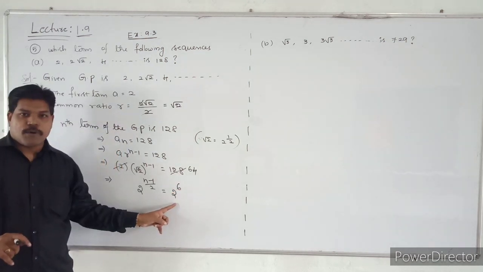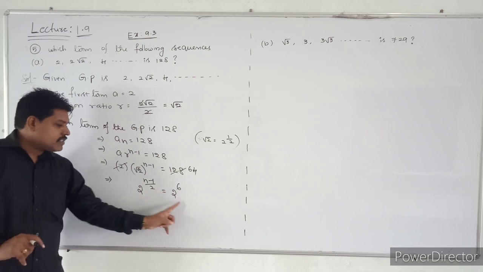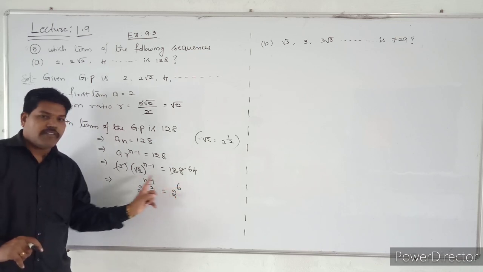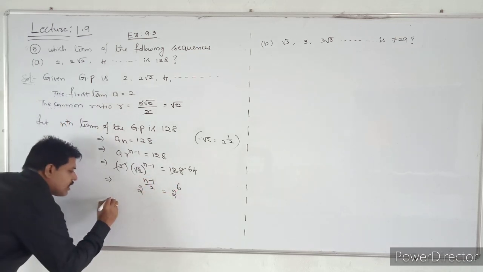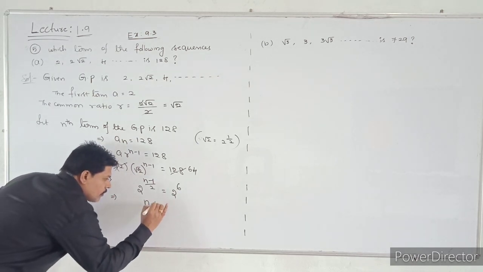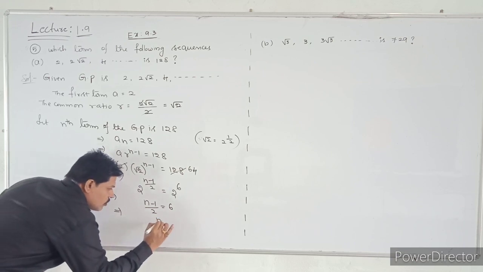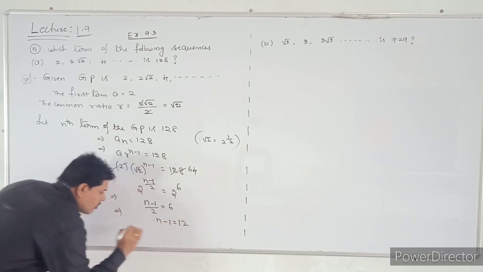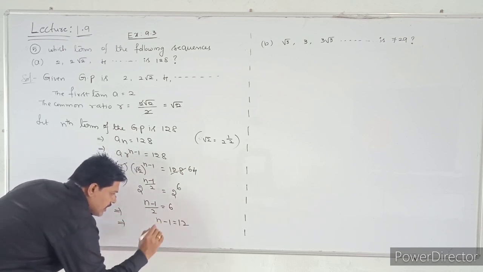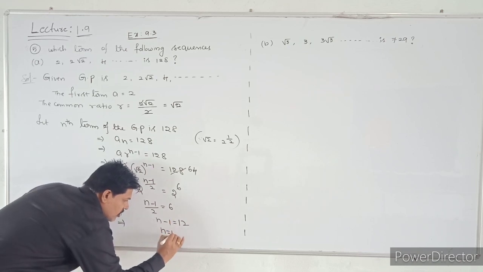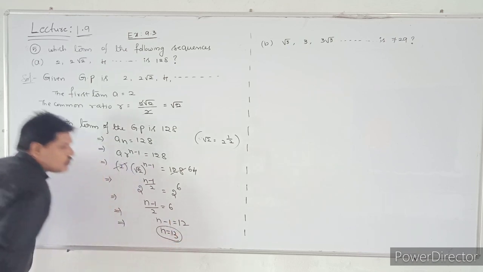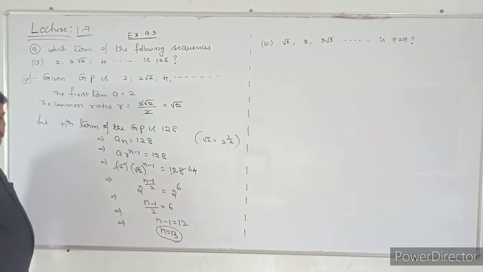The bases are equal, so you can equate the powers. So n minus 1 by 2 is equal to 6. Take this 2 to that side, n minus 1 is equal to 12. Take this 1 to that side, n is equal to 13.